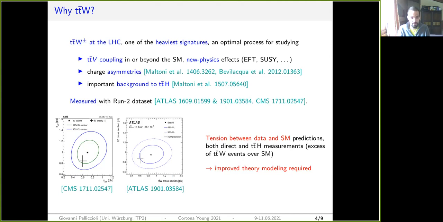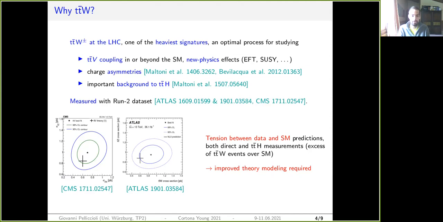It's important also for studying charge asymmetries because it is a quark-induced process, and the symmetric gluon-gluon partonic channel just opens up at next-to-leading-order QCD. So it enhances the sensitivity to the top quark charge asymmetry. And it's also an important background to associated production of top quarks and the Higgs boson.